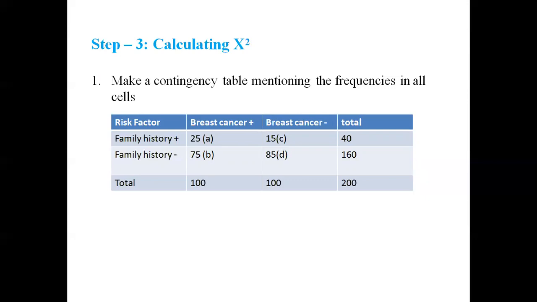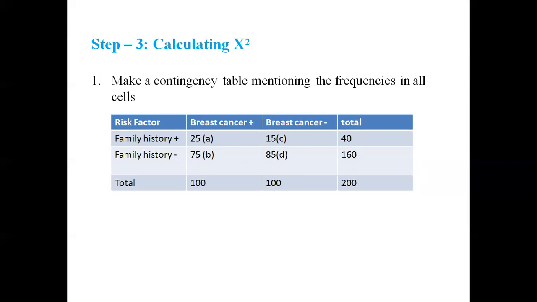In the first row we will mention the risk factor, family history of CA breast positive, in those people in whom it is present, and in another row, family history negative. So for breast cancer, total cases were 100.